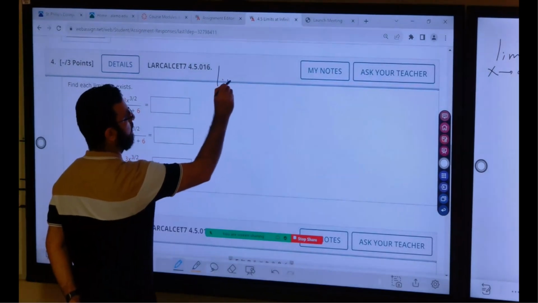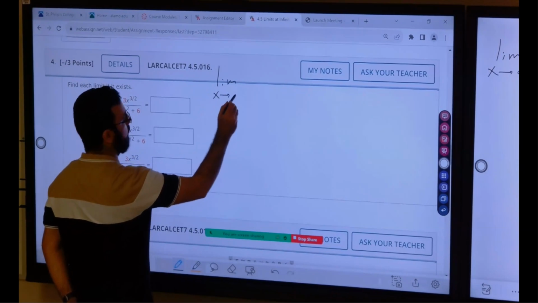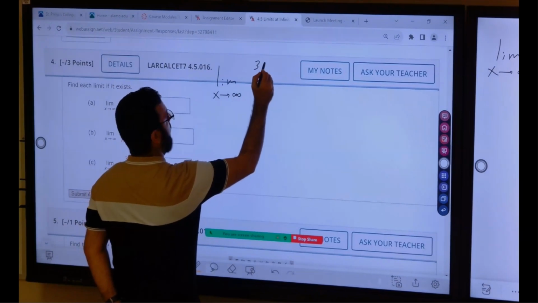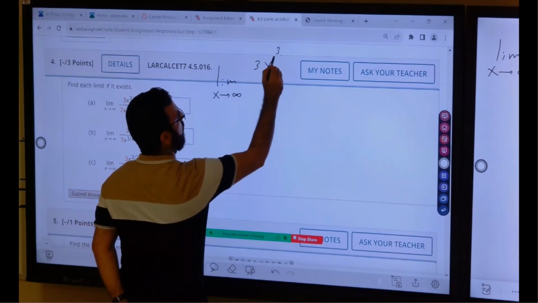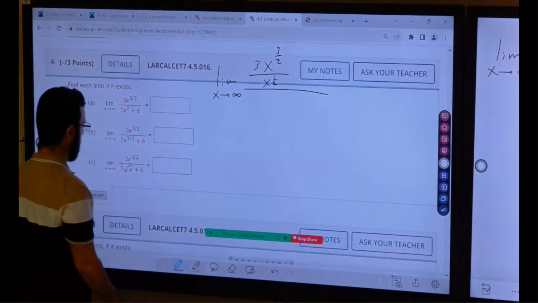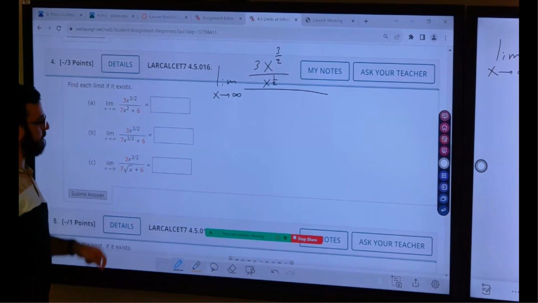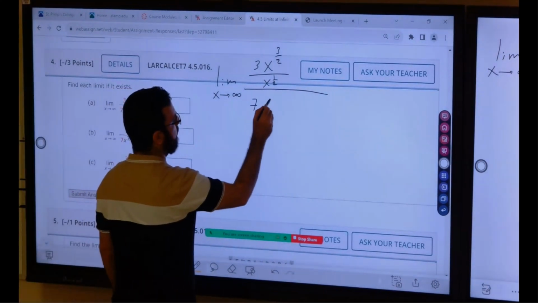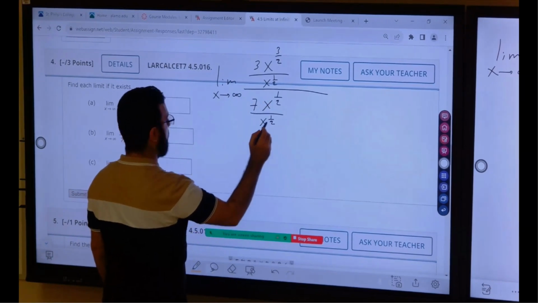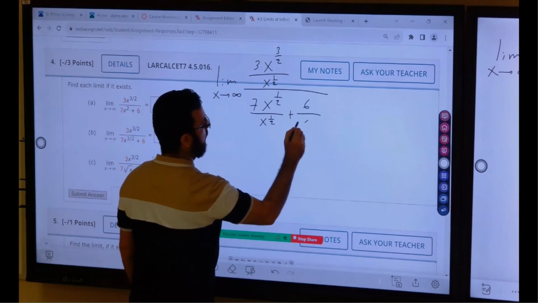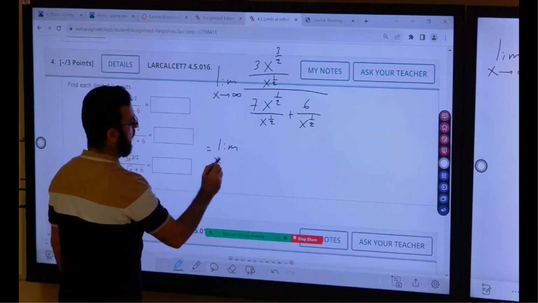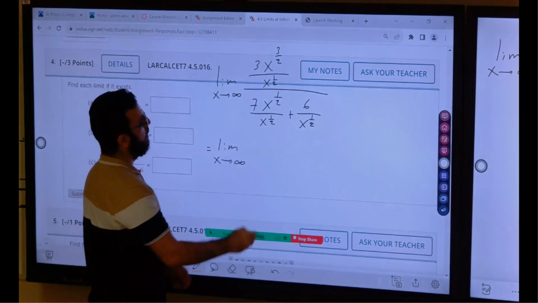So the limit when x approaches infinity, you're gonna say, okay, it's 3x^(3/2) divided by x to the power half, and everything over 7x^(1/2) divided by x to the power half, plus 6 over x to the power half. It's going to be the limit as x approaches infinity. How much is left here?